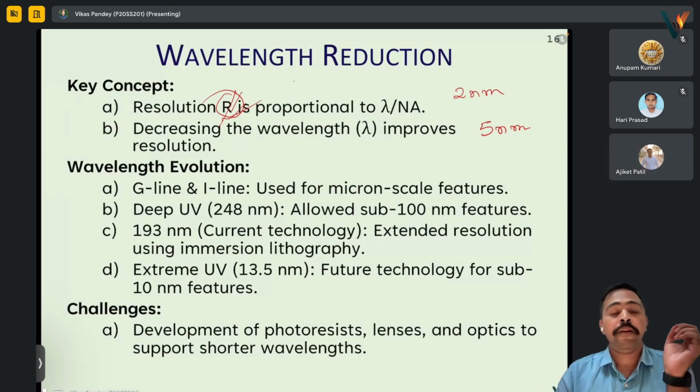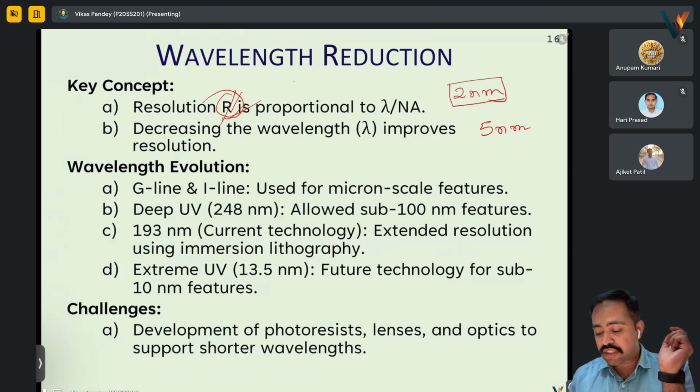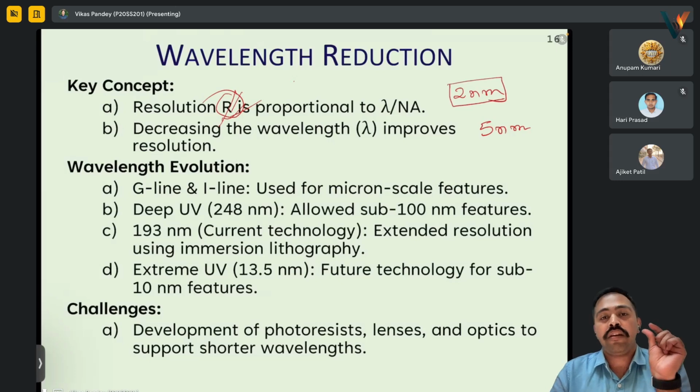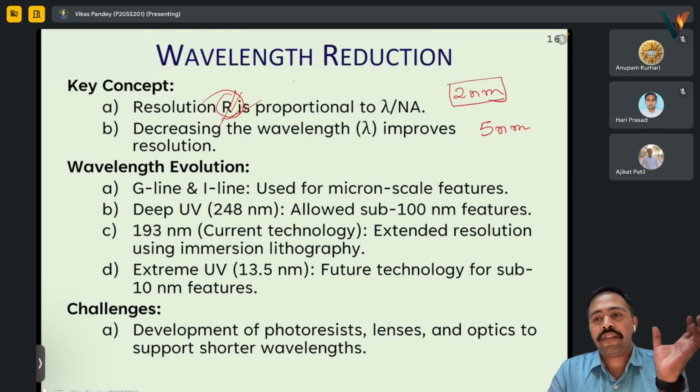But when we are talking about resolution, that is the minimum feature size that we can replicate. So lower resolution is better, not a higher resolution. And resolution is directly proportional to lambda. So smaller wavelength will give lower resolution, and lower resolution is better.